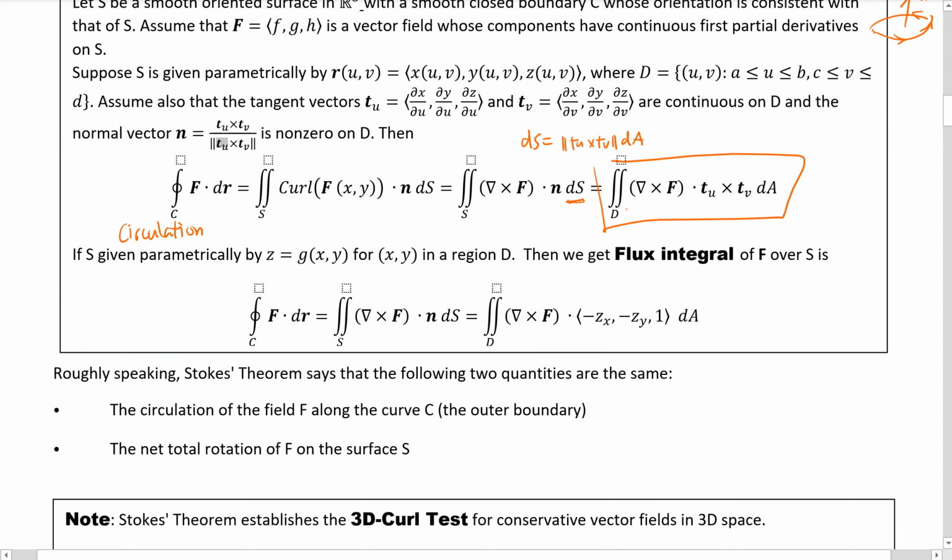So if S is given parametrically by z equals g of x, y in the region D, then we get the surface integral.